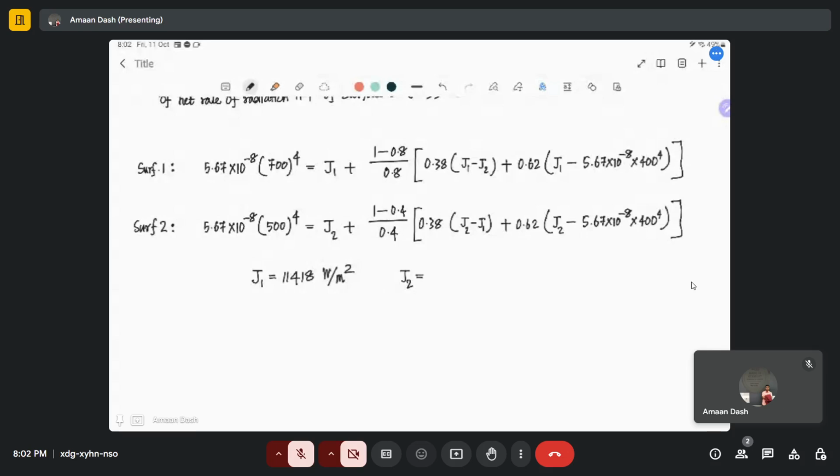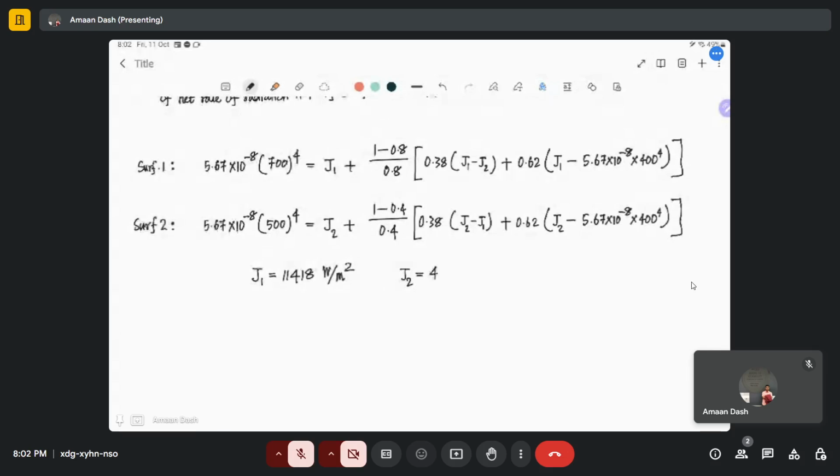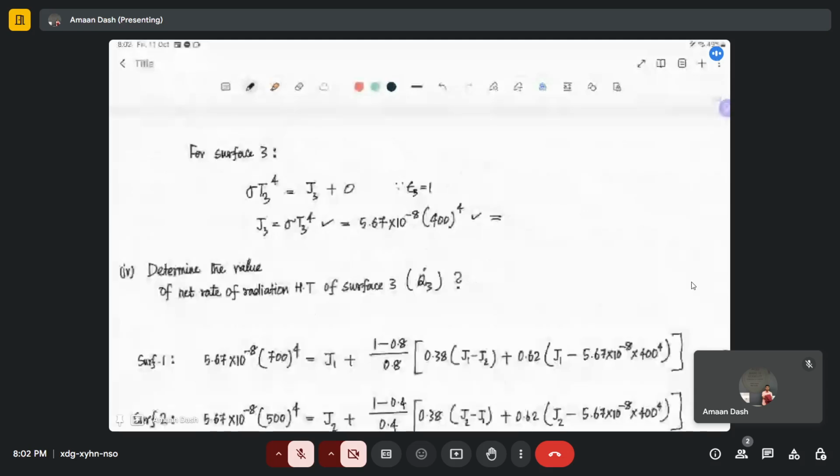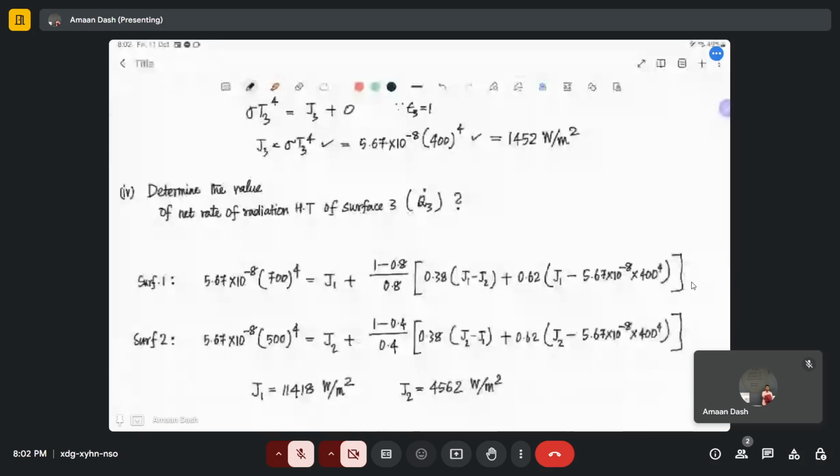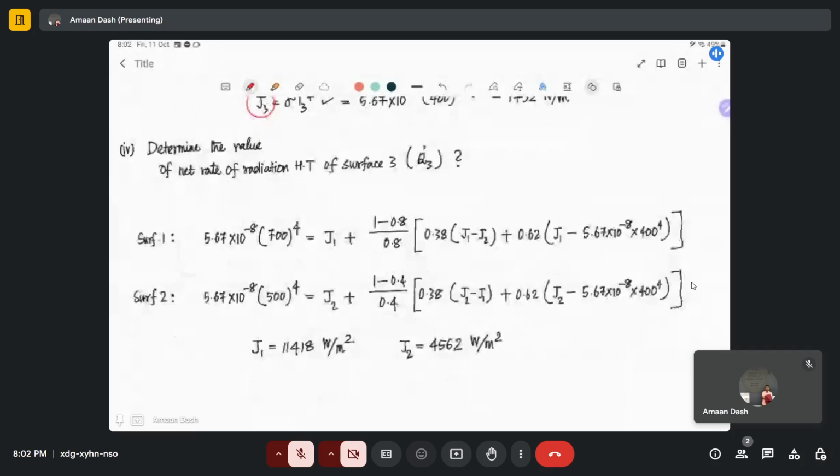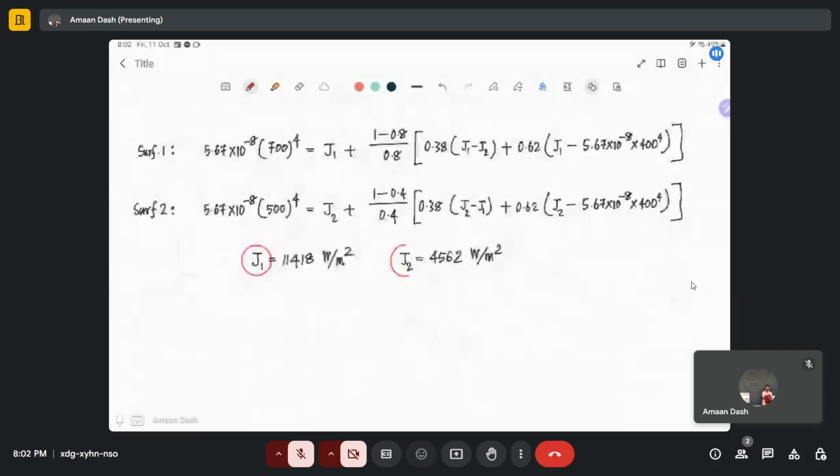Correct? So let me copy this entire thing. And similarly, if I write for surface 2, instead of this 700, this will be T2, that is 500 Kelvin. So we have 500 to the power of 4.